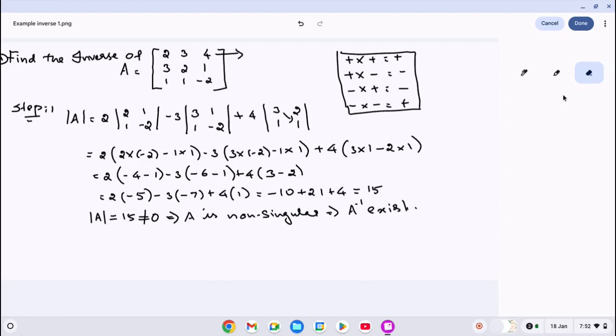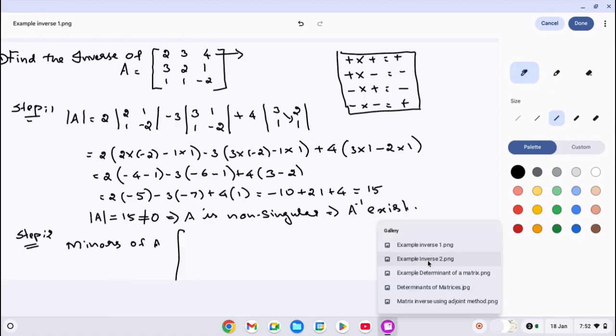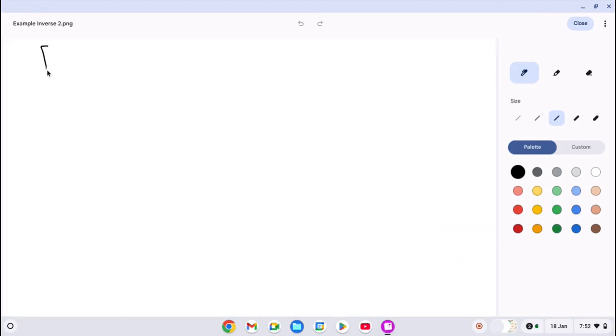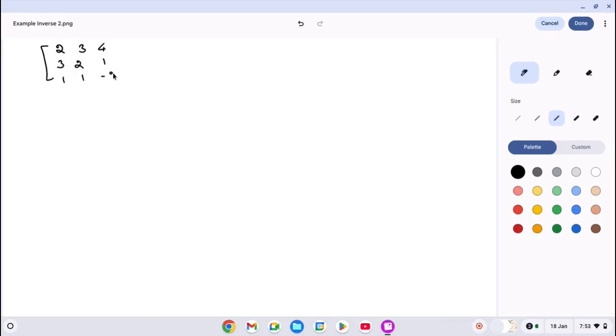In step 2, we have to find the minor of A. If you want to find the minor of A, we can do it like this: 2, 3, 4, 3, 2, 1, 1, 1, minus 2, which is A.